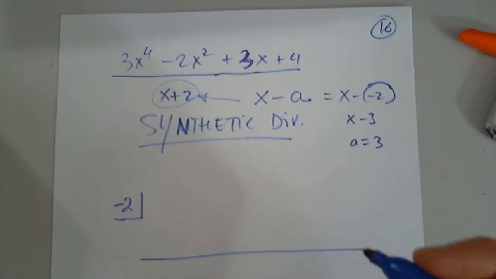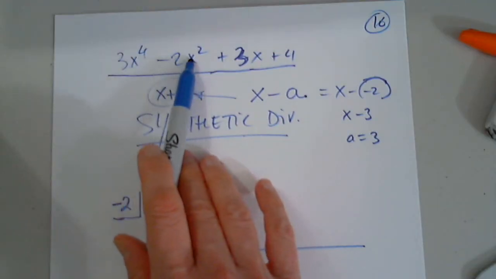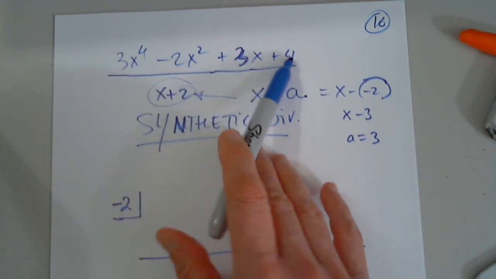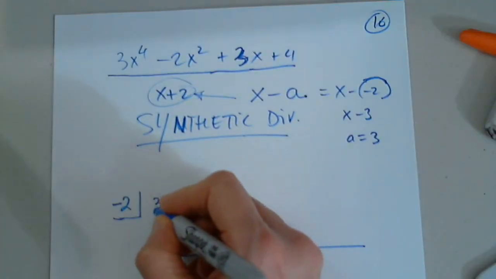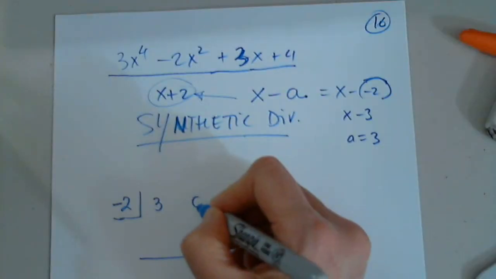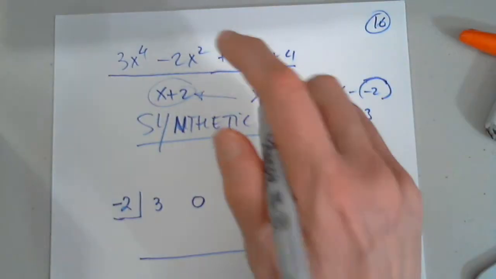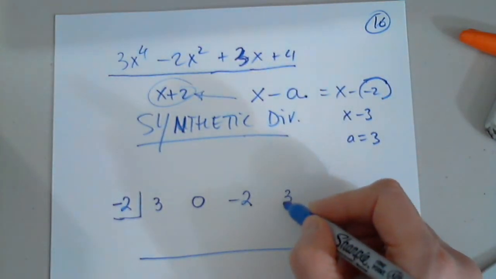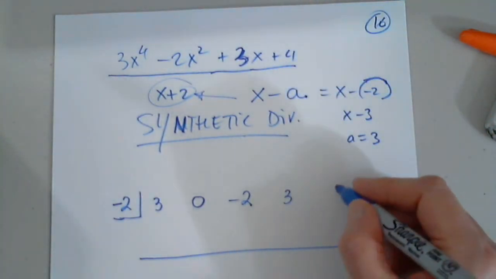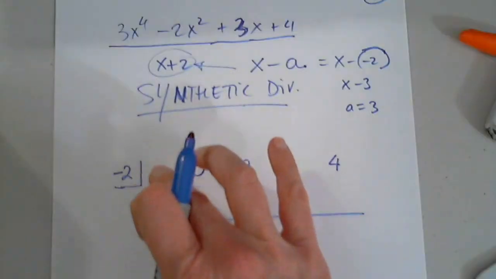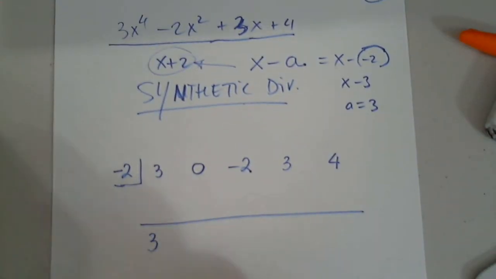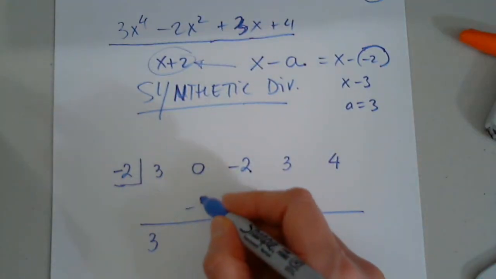In the next step, first of all, we have to make sure that the polynomial is in descending order. Mandatory. Degree 4. Degree 3 is missing. Degree 2 has coefficient -2. Degree 1 has coefficient 3. Degree 0 has coefficient 4. We bring down the leading coefficient, 3. -2 times 3 is -6.